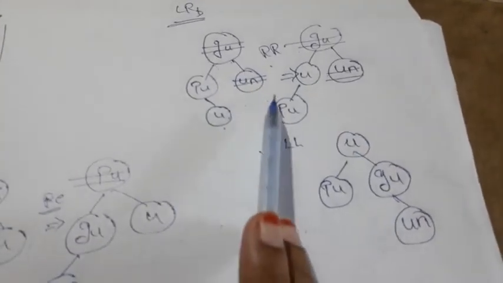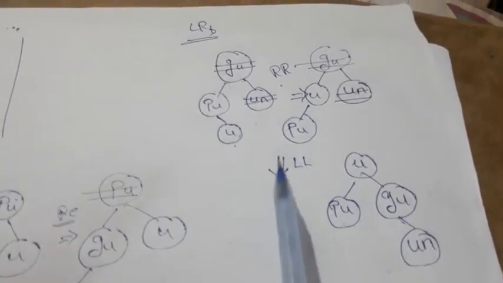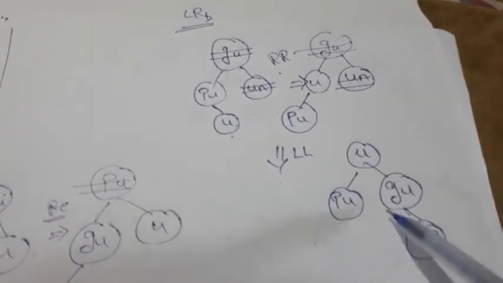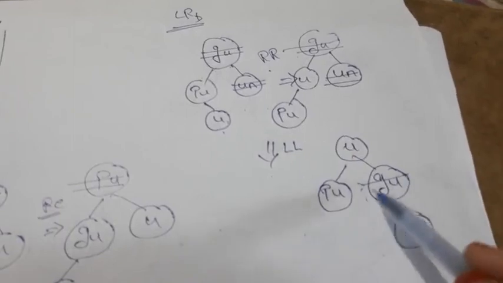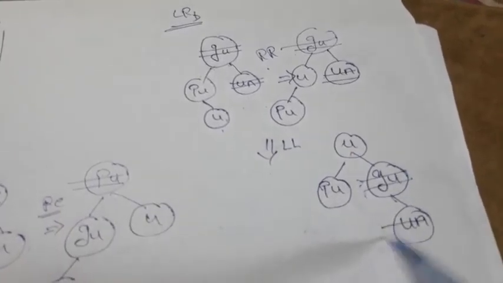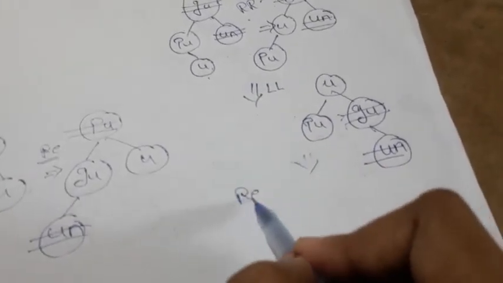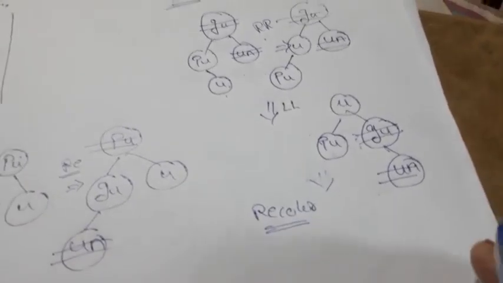Now I have done both rotations, RR and LL. Now I have to recolor this tree. I draw it as it is, with GU black and UN black, and both of these in red.